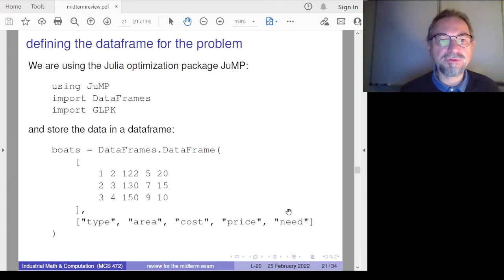The table that we have, which consisted of 15 integer numbers, we could represent in a matrix, but with the data frame, we can label every column. The first column was the type of each boat. Then we have the area that each boat occupies, its cost, then the rental price, which will determine our revenue, and then we have the need for each boat.